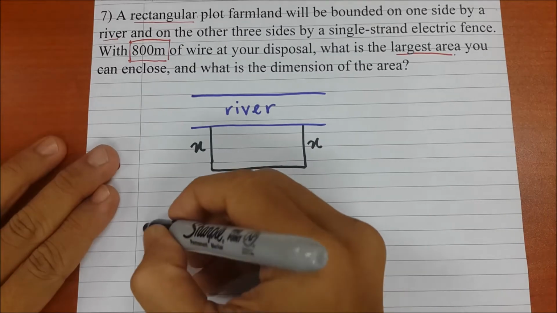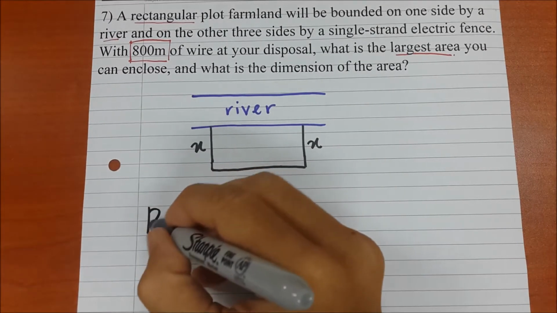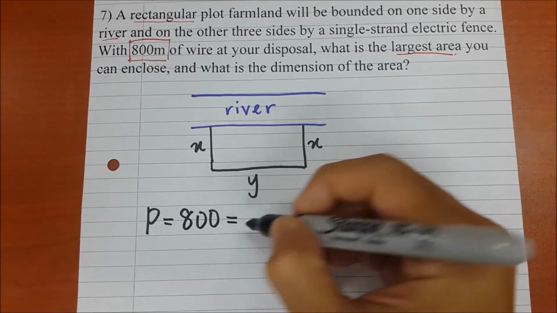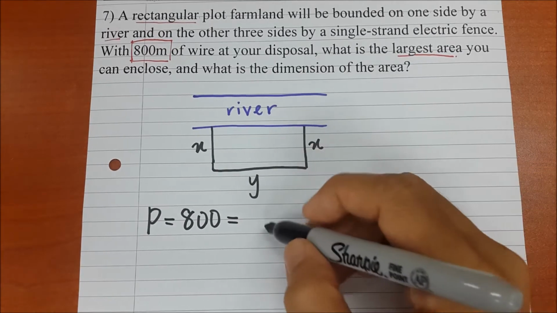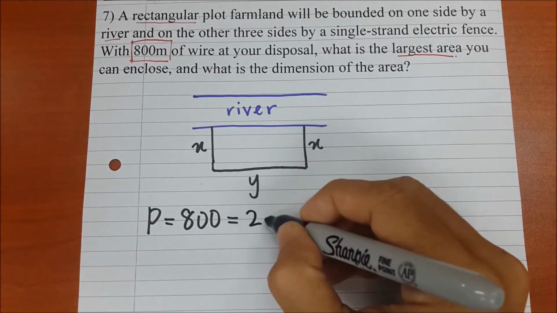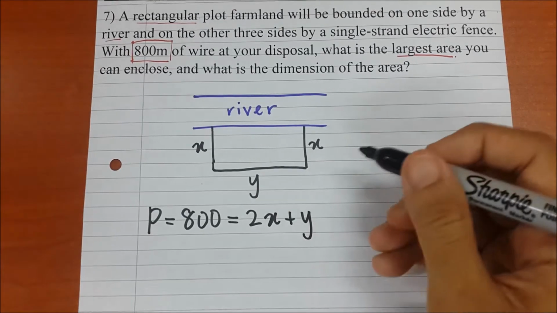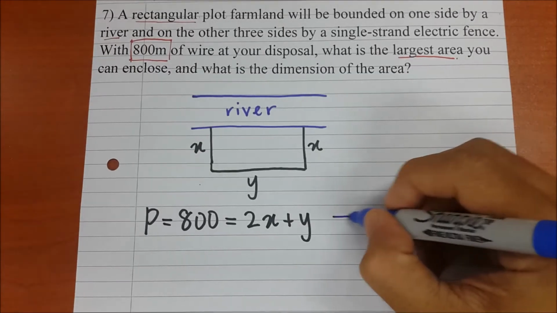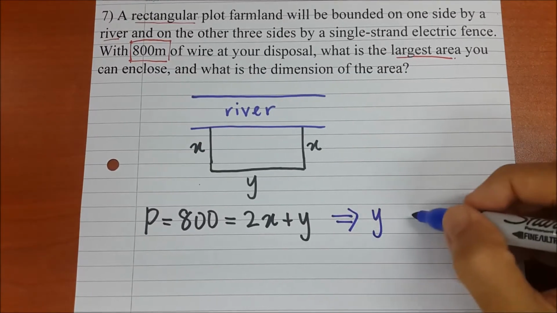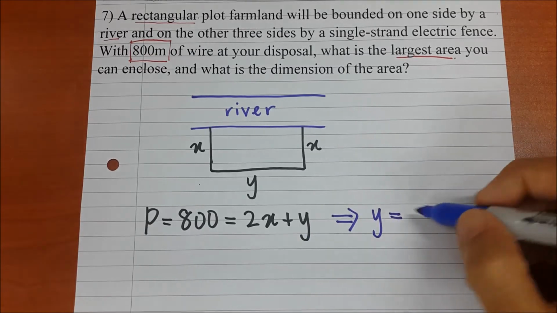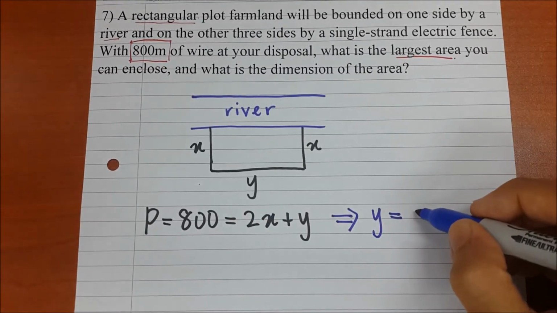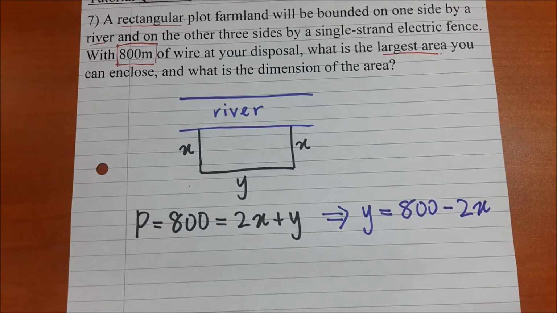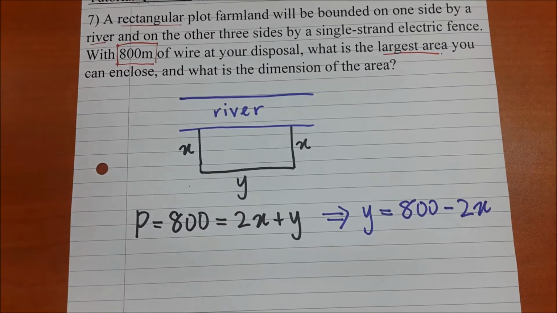Right, so let's denote that as P equals 800, and this 800 equals X plus X plus Y. So you're going to have 2X plus Y. Right, from here we can make Y the subject. So we're going to minus 2X on both sides. So Y equals 800 minus 2X.